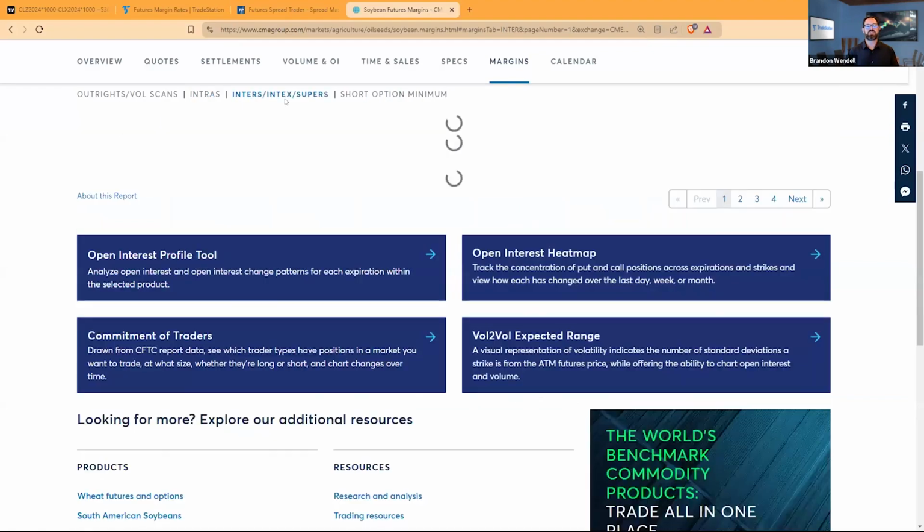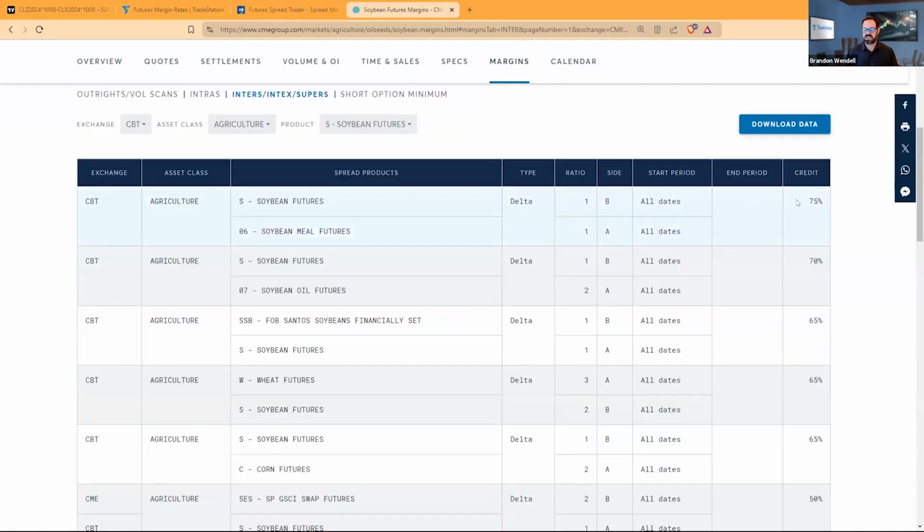But on intermarket spreads, notice it says credit. Okay, doesn't matter which one of these intermarket spreads you look to trade, they'll say credit, and it can be as high as 90% credit. In this case, it's 75% credit. What does that mean? Well, it means you're getting 75% credit for whatever that margin would be normally.